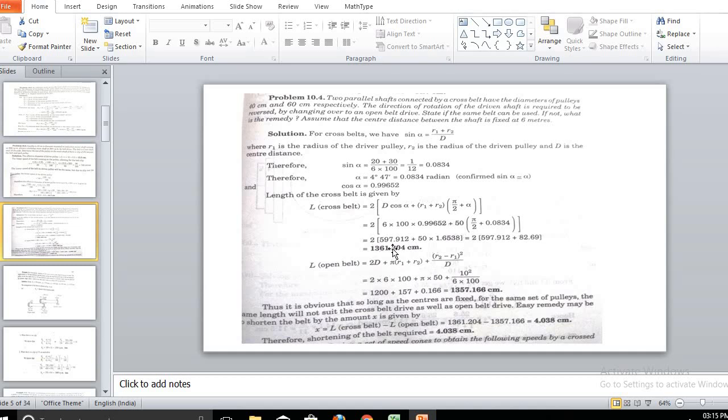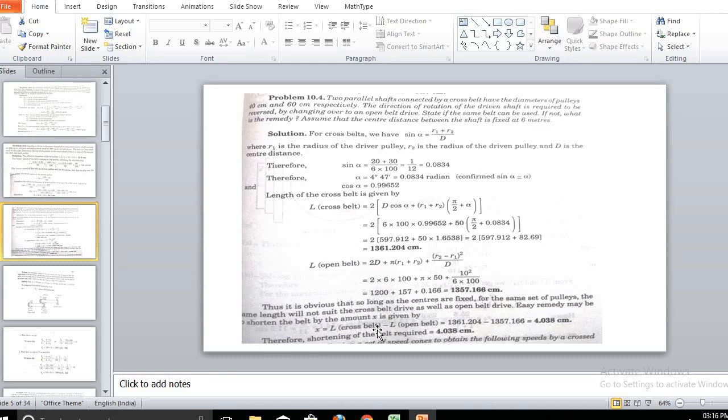They differ by some amount, and that difference is 4.038 centimeters. So the conclusion, which is always written, is that so long as the centers are fixed, for the same set of pulleys, the length will not suit both the cross belt and the open belt drive.